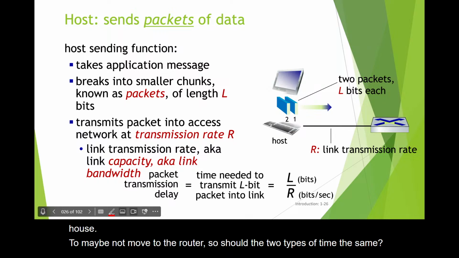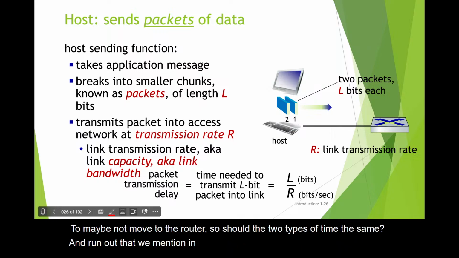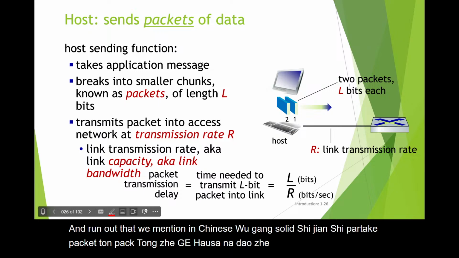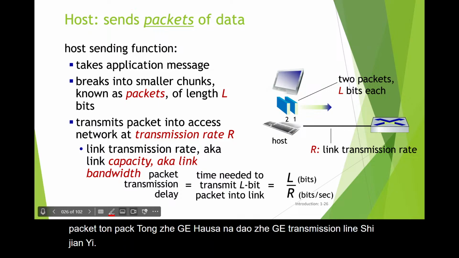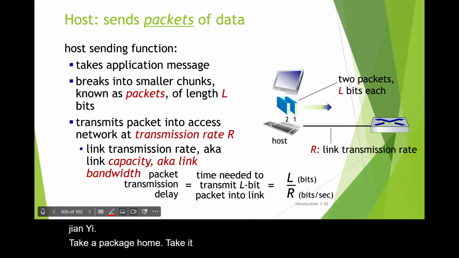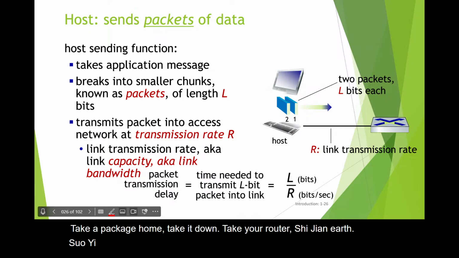And right now, let me mention it in Chinese. 我刚刚说了一个时间是把这个 packet 从这个 host 拿到这个 transmission line 时间1，然后这个 packet 从这个端跑到这个 router 时间2。所以两个时间有没有一样？不一样。So I then have two types of time.